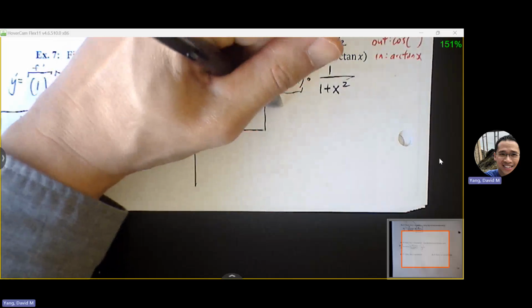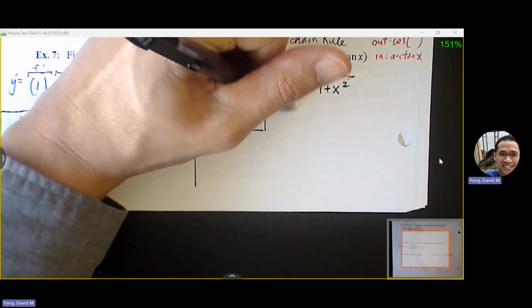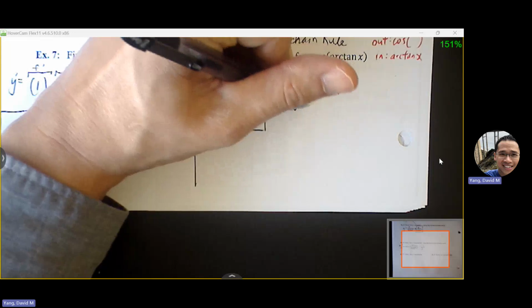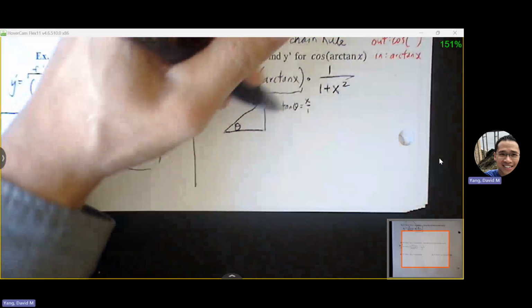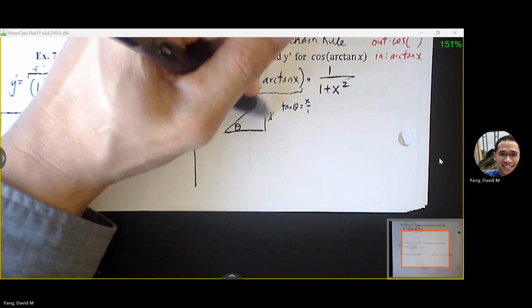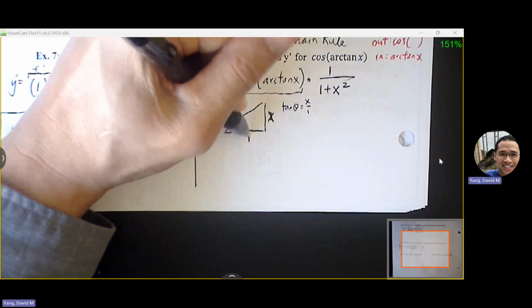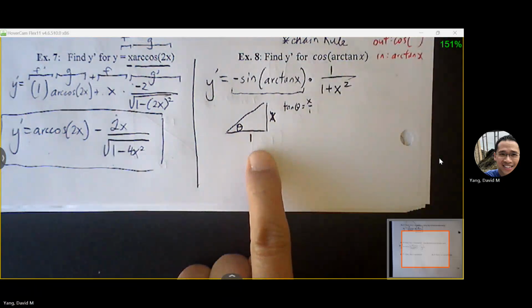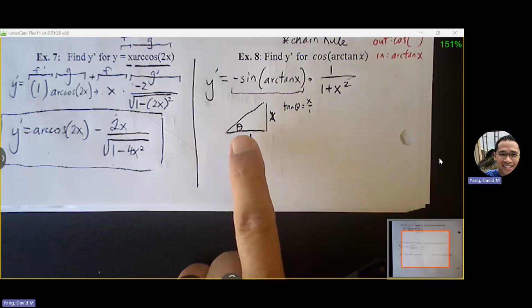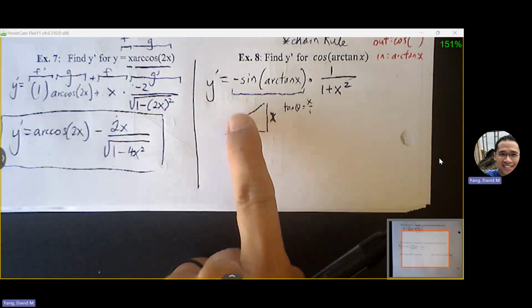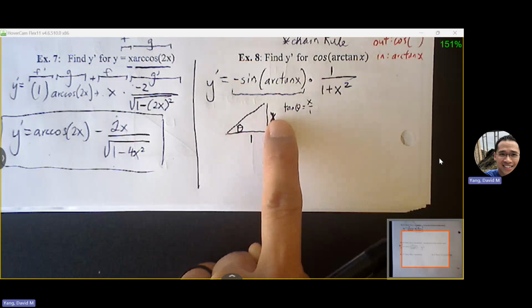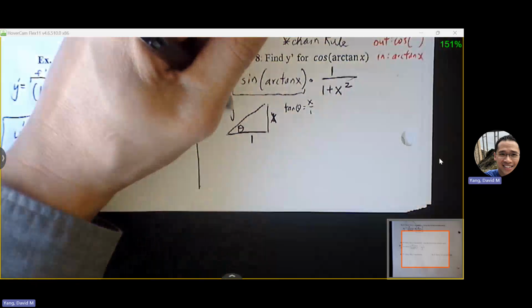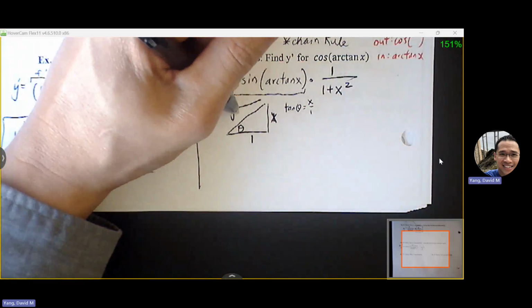This is basically saying, let's create a scenario where tangent of theta is equal to x over 1. So tangent is opposite over adjacent. Pythagorean theorem, a squared plus b squared equals c squared. 1 squared plus x squared equals c squared. So the hypotenuse is the square root of 1 plus x squared, because we have to take the square root with that c squared.